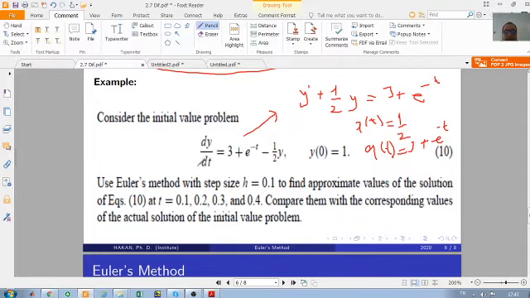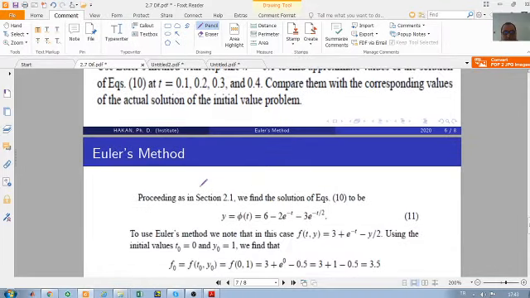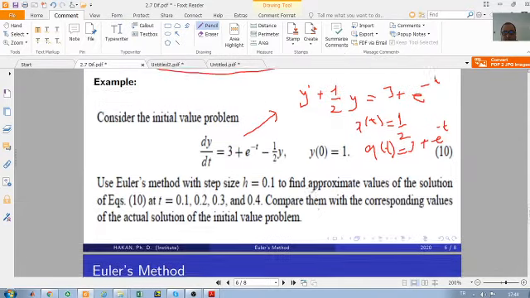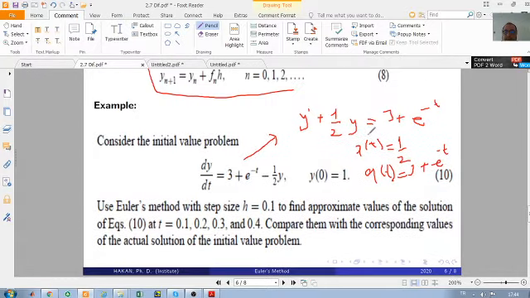But let's use Euler's method to understand the concept. Using section 2.1 we find the solution to be 6 minus 2 times e to the power minus t minus 3 times e to the power minus t over 2.